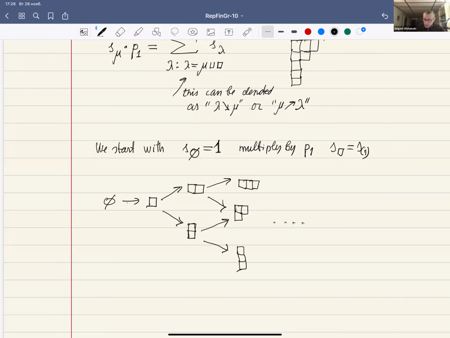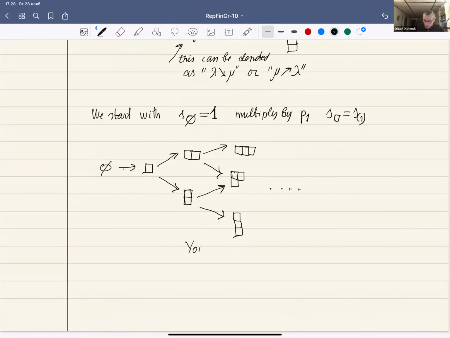What we get here is the so-called Young graph, a very important concept.